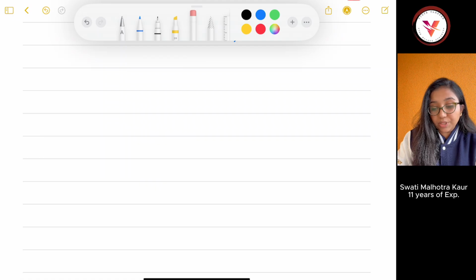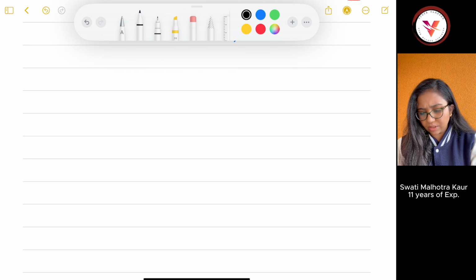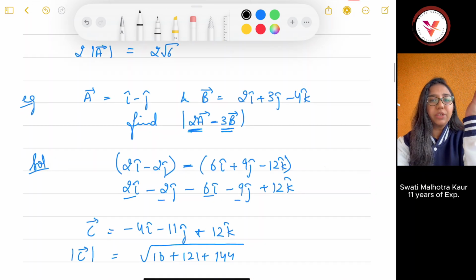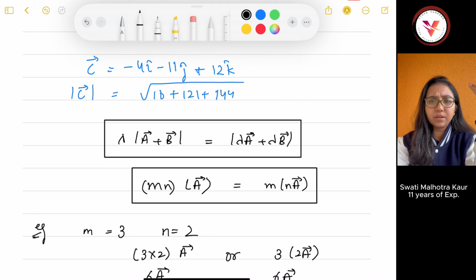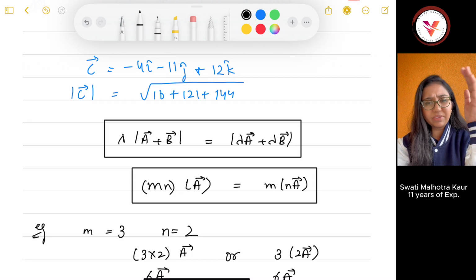So in the last video, we learned about scalar product and some of its major things. Initially, we saw how a scalar is multiplied with a vector, and then a vector with a vector, and we learned that when a vector is multiplied with a vector, we get a scalar.